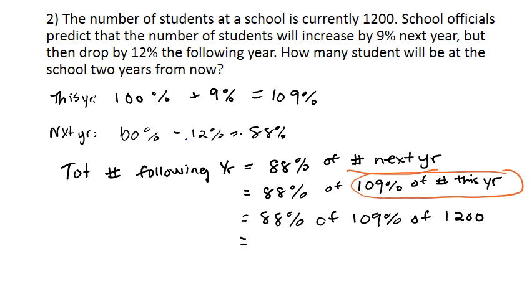So then I'm going to convert my percentages to decimals by dividing by 100 or moving my decimal over twice and replacing 'of's with multiplication signs. Again, divide by 100 or move the decimal over twice. Of 1,200, and then you can do this multiplication and you'll get a longer decimal.